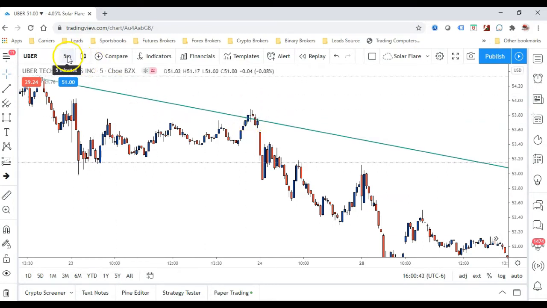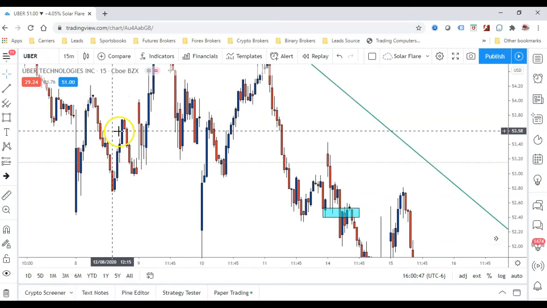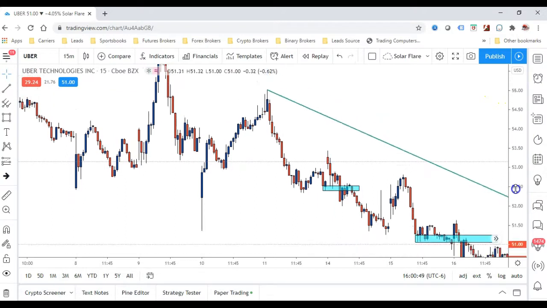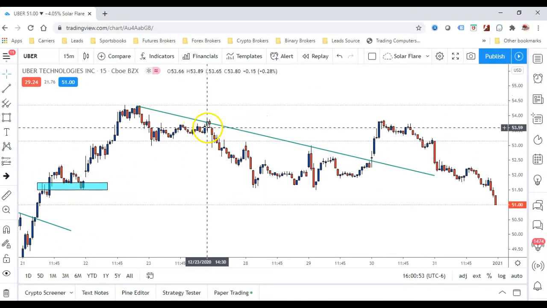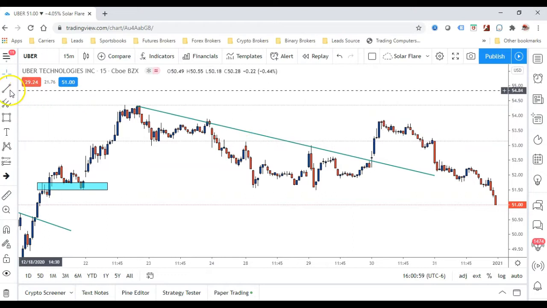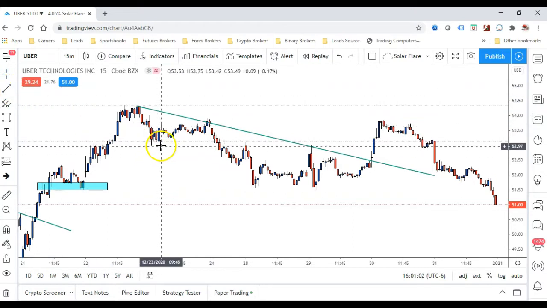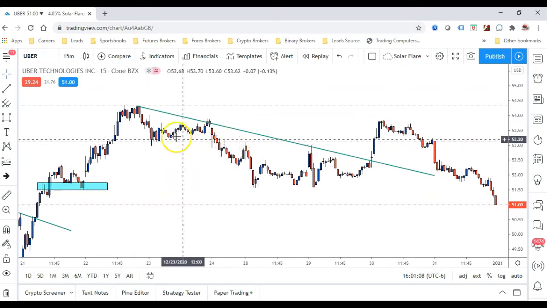So basically, we don't know this is a downtrend until after this. Now once this establishes, we can see that it's connected. We can see the downtrend. So anything coming in after this zone here is going to be valid.